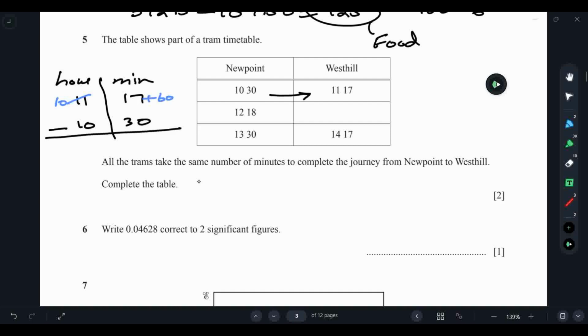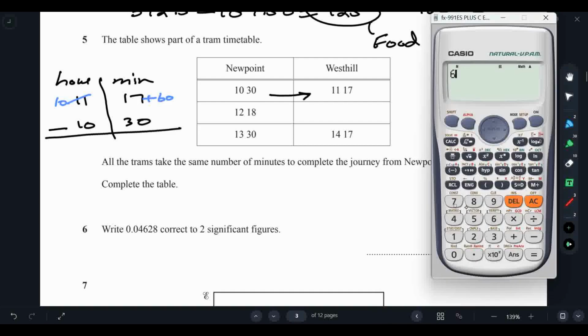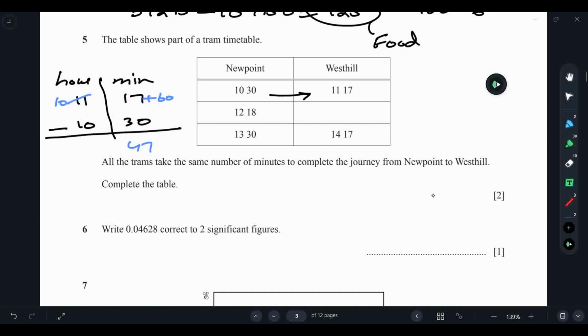So this will be not 67 but 77, because 17 plus 60 is 77. Then 77 minus 30 is 47. So the time difference is 47 minutes.